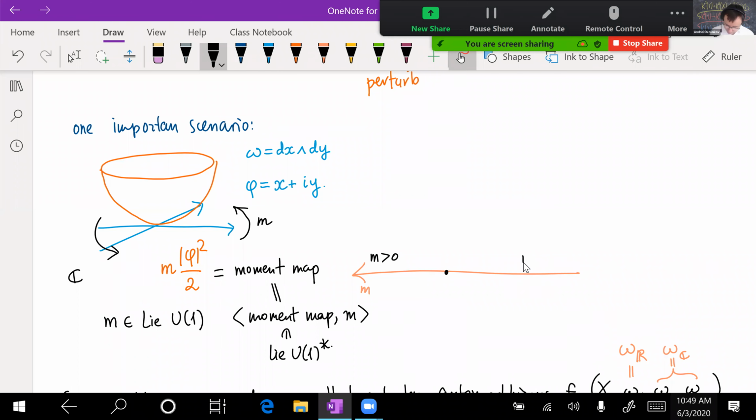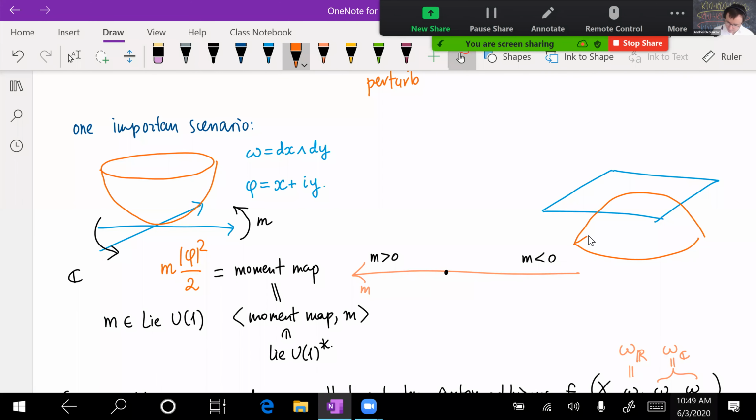There's also a situation when m is negative, and then this picture exactly reverses, and so your potential will start pointing downwards. And then there's a middle case where your function is just 0.